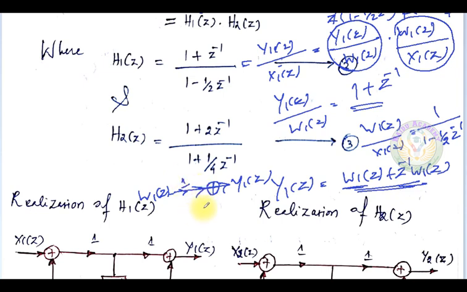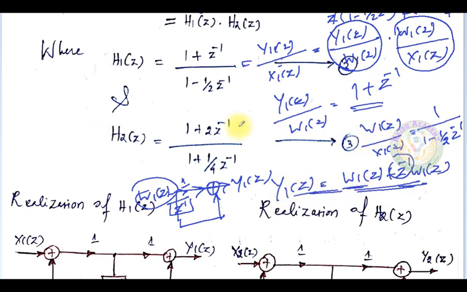Here w1 of z goes into a delay element, so you put a delay element z power minus 1 here, then this will be added. After the delay, w1 of z is added with w1 of z to give y1 of z. So y1 of z is equal to w1 of z plus z power minus 1 w1 of z. Okay, this part I implemented.